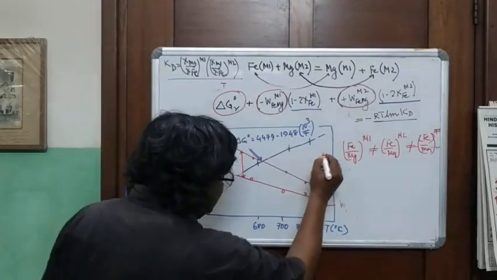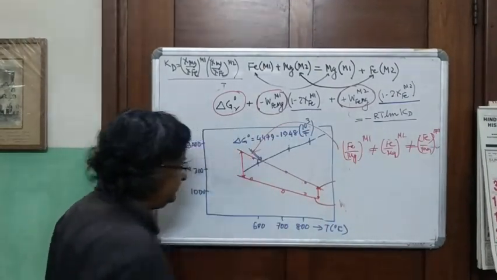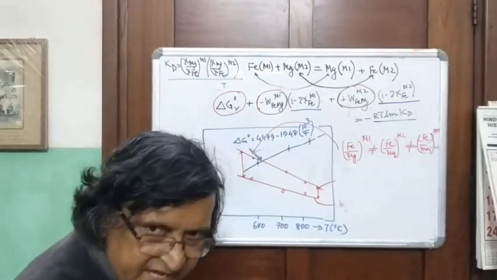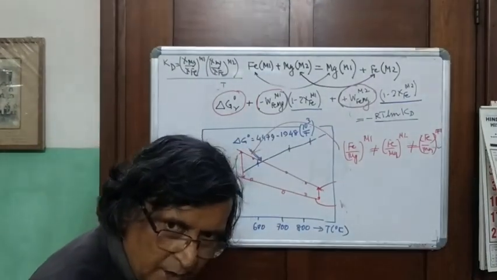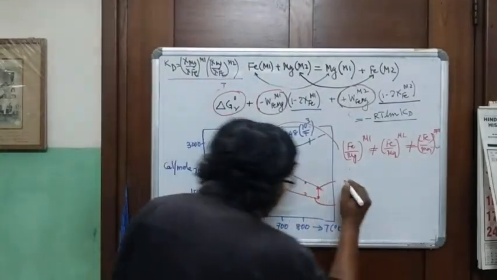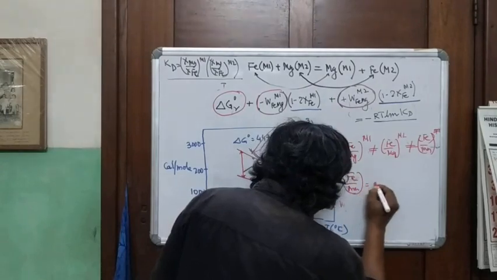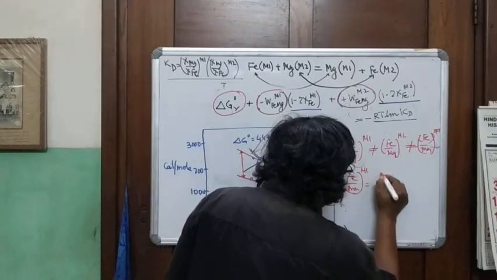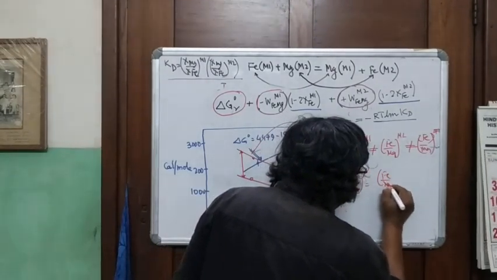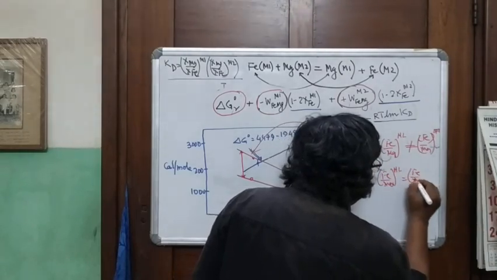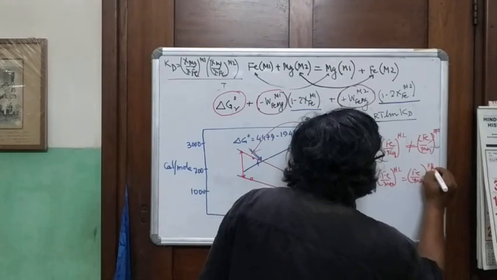This is what happens here. And what is random, a completely disordered structure? Fe by Mg in the M1 site is equal to Fe by Mg in the M2 site, is equal to Fe by Mg in orthopyroxene.